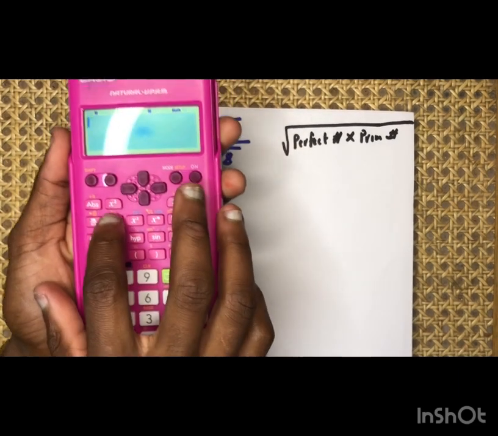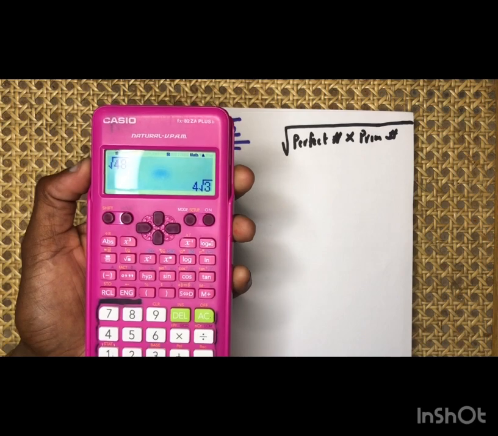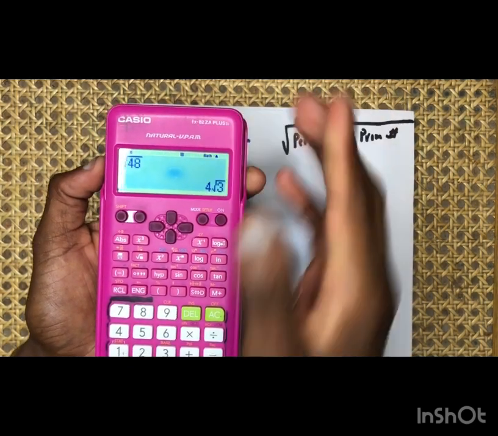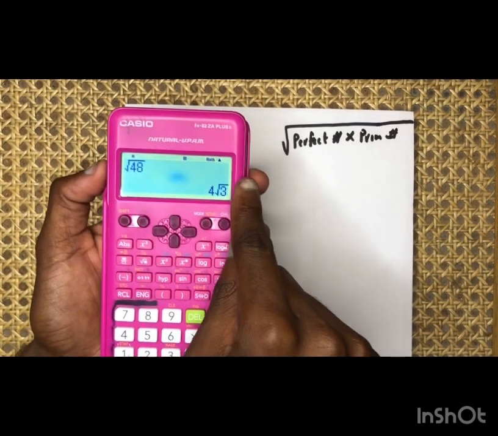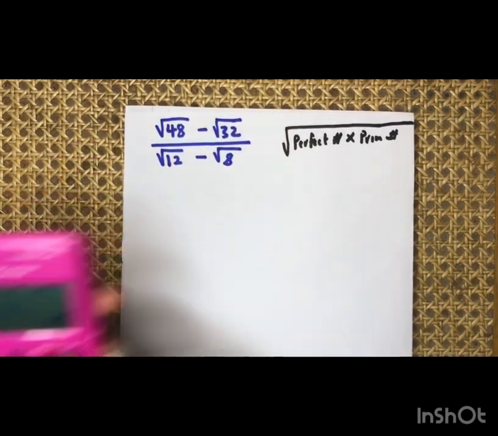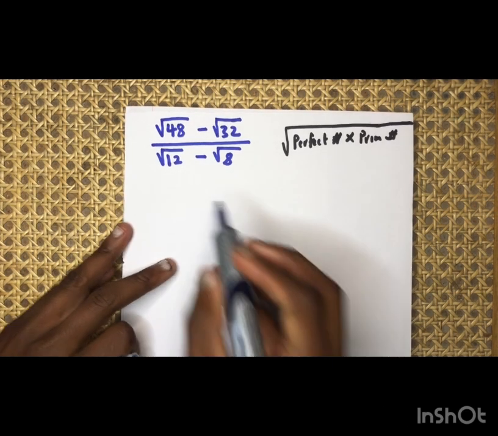Do you see I get what? I get 4 root 3. Then I will put the squared to this 4 outside. What will you get? You will get 16, which means inside the root you have 16 times what? 3. So are we together? So inside the root I have 16 times 3.